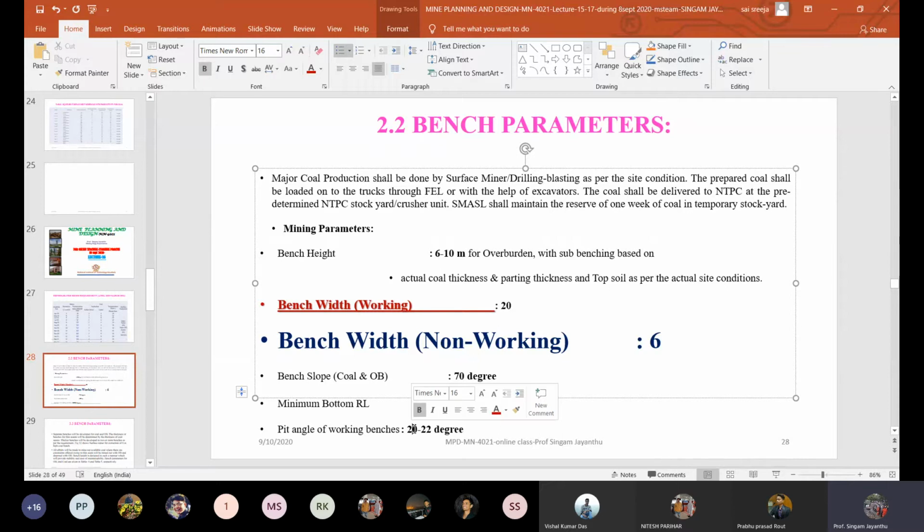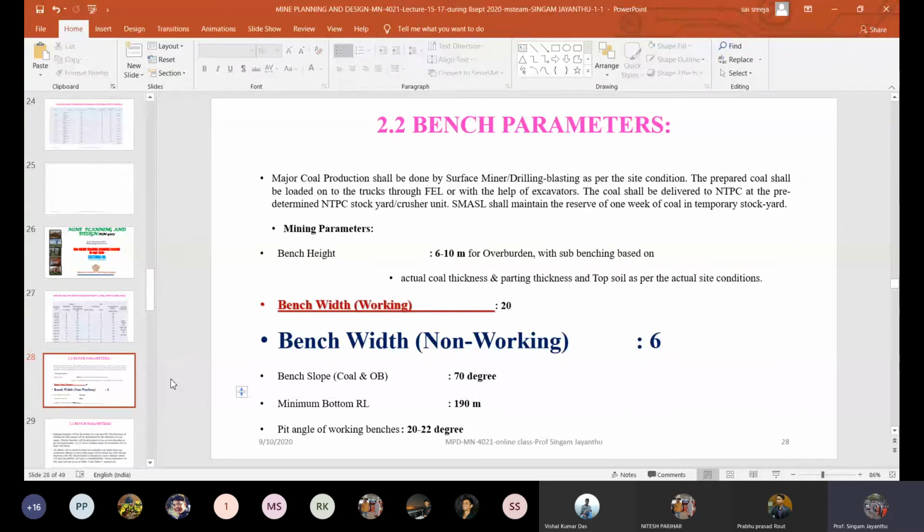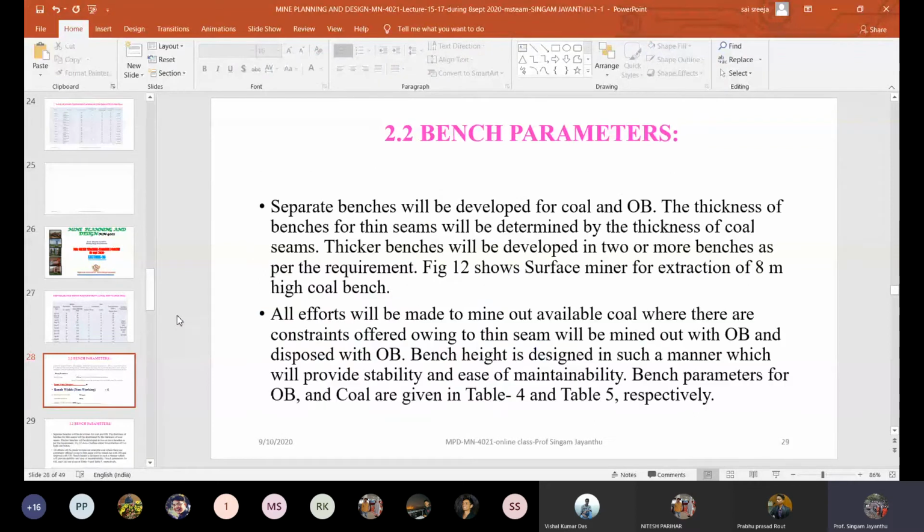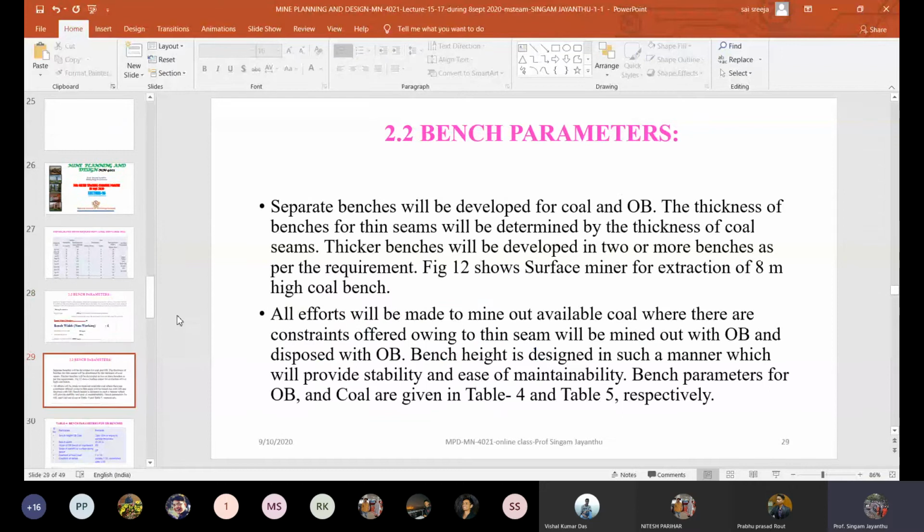The ultimate may be around 30-35 degrees, and we are also involved in designing those slopes. Again, I will definitely explain this to you, my beloved students, in further classes, so that you become expert in planning a mine after completing this semester. At least one open cast and one underground mine, you should know how to plan.